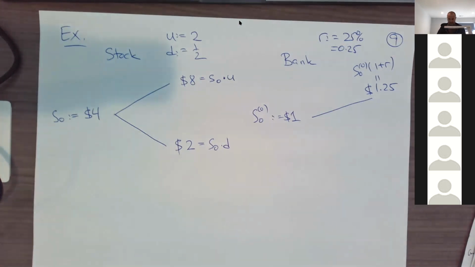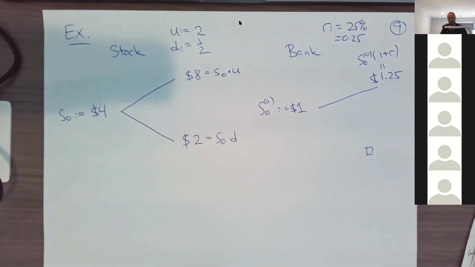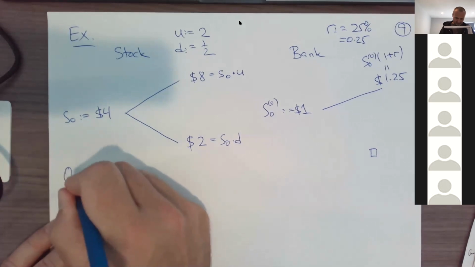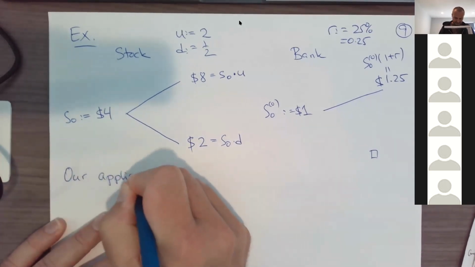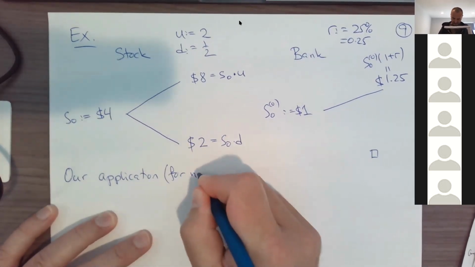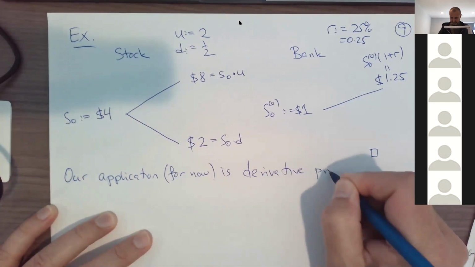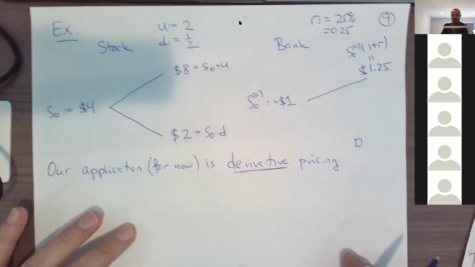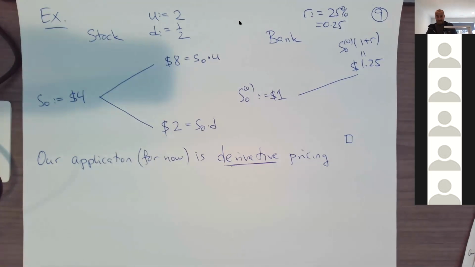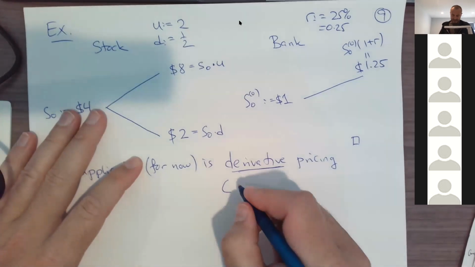Okay, so let's think about what the applications are. So we have the model now. What do we want to use the model for? Well, what we're going to be using our model for, our application, for now at least, is derivative pricing. So there's a word in here, derivative. Other words for this, depending, will be called claims.